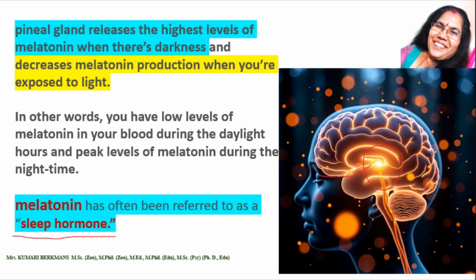If the question comes which hormone is called a sleep hormone, immediately you have to give the answer: melatonin is the sleep hormone, without any doubt. It is produced only during the night time after sleep.